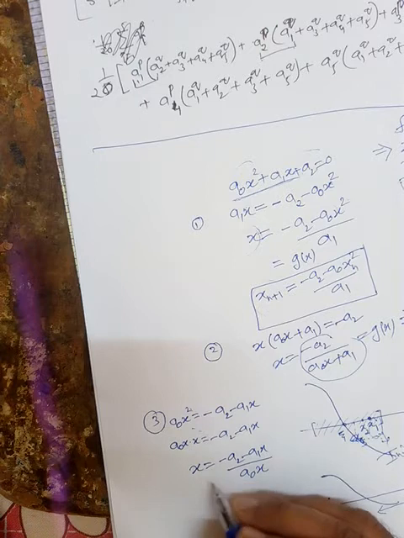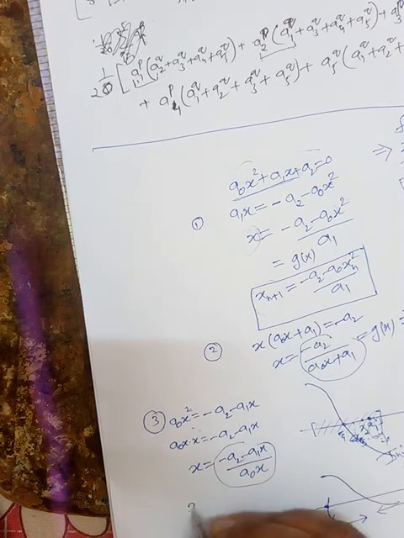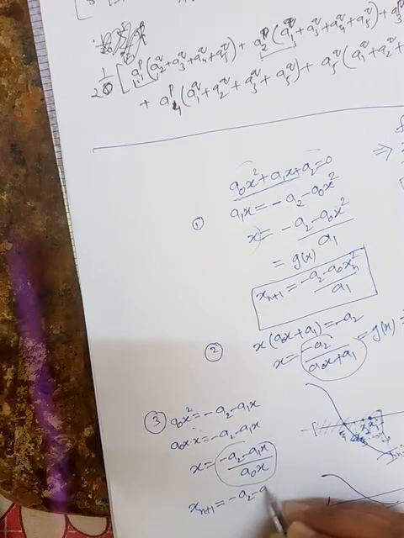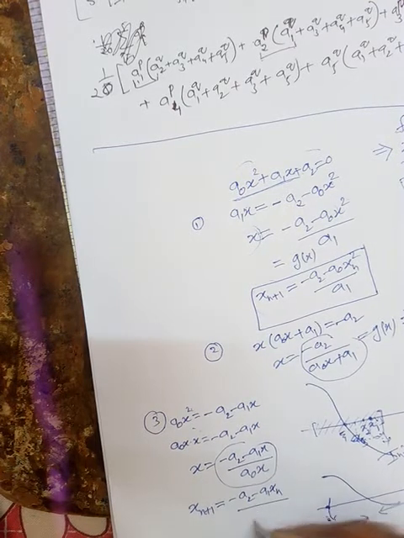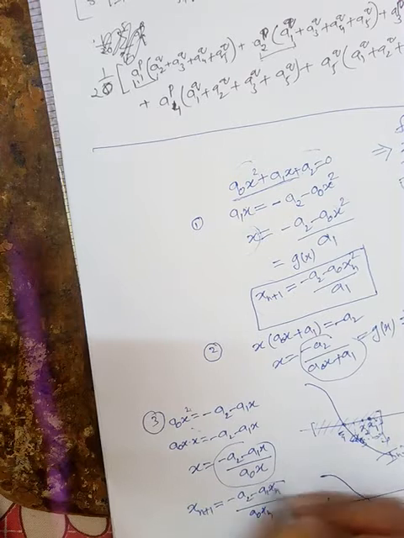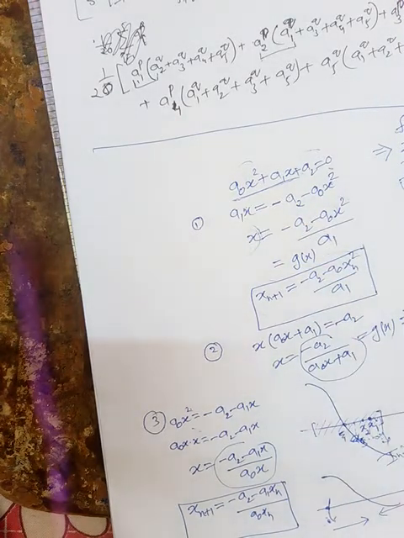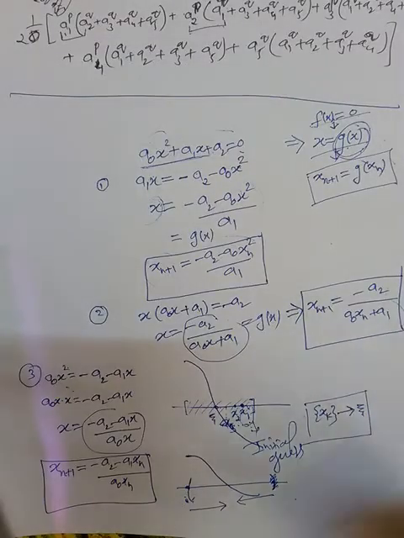Now this is your g of x, so what will be the iteration formula? Minus a2 minus a1 xn divided by a naught xn. This is the formula. So we get three formulae from this equation, 1, 2 and the third one.